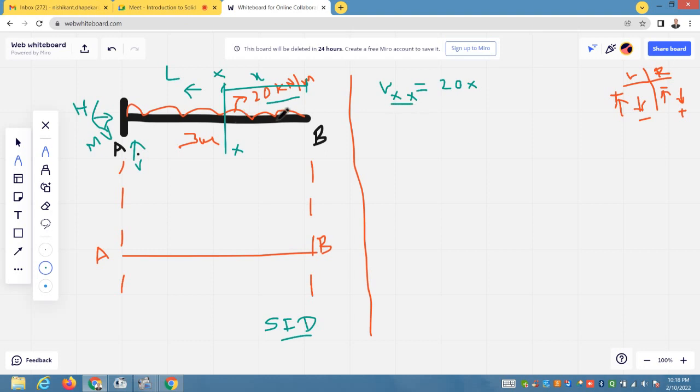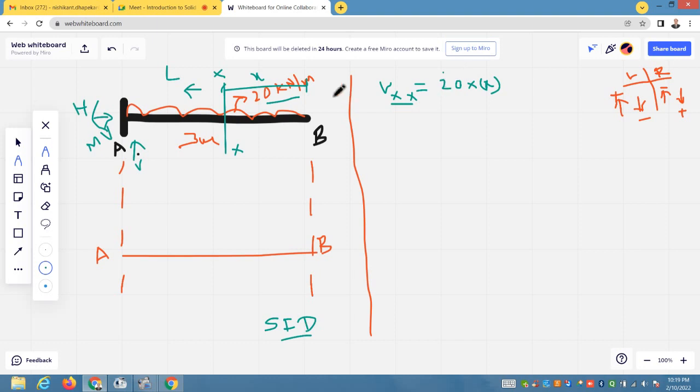When you multiply intensity by the length or span, you will get the force. It is very simple: 20 kilonewtons per meter multiplied by x meters, which is the length to the right side of the section. So you will get 20 multiplied by x. Intensity multiplied by the span or length of that UDL gives the force or load.